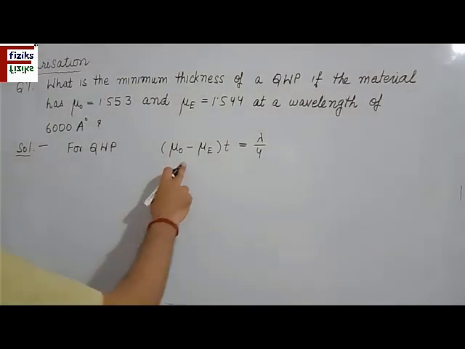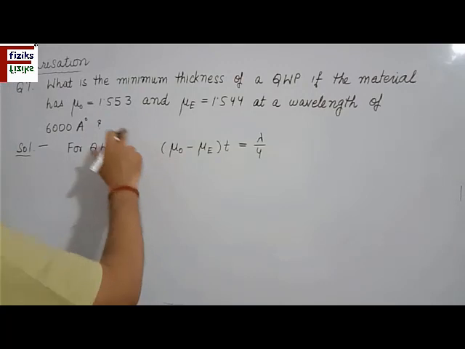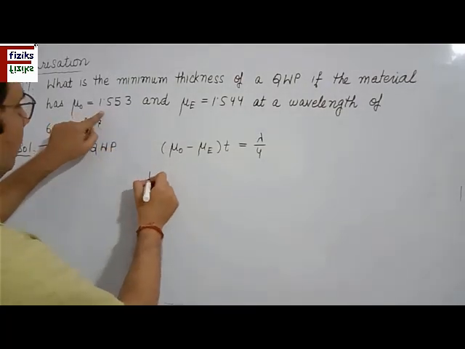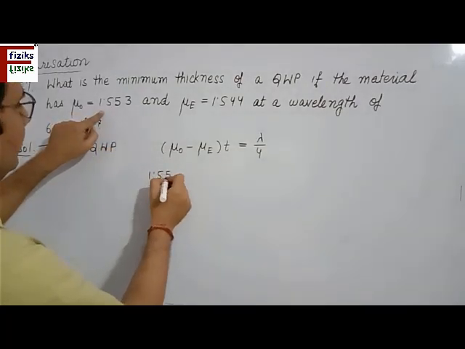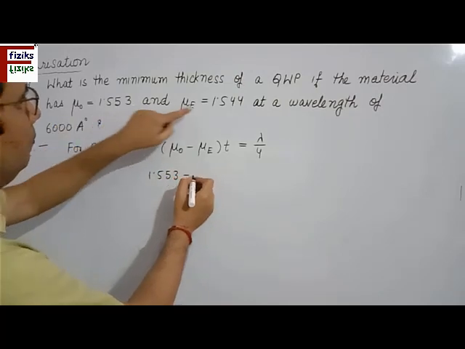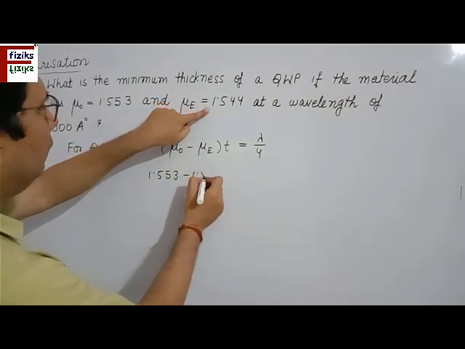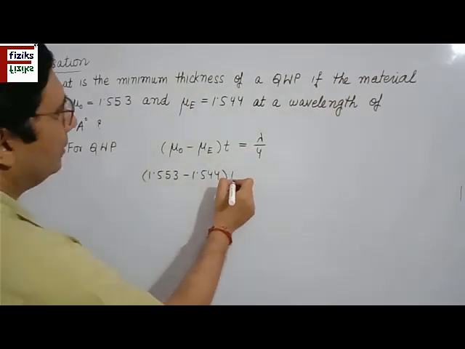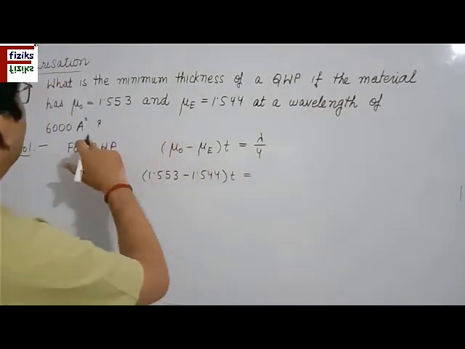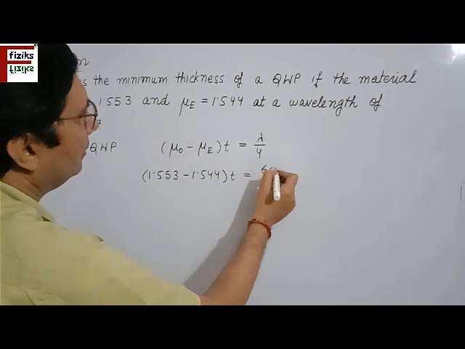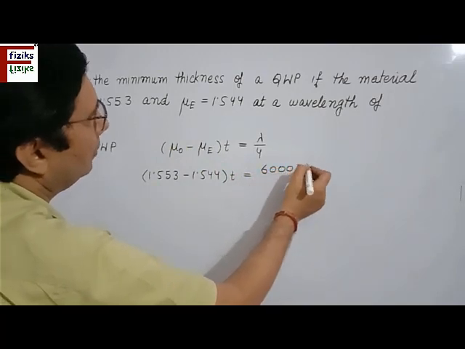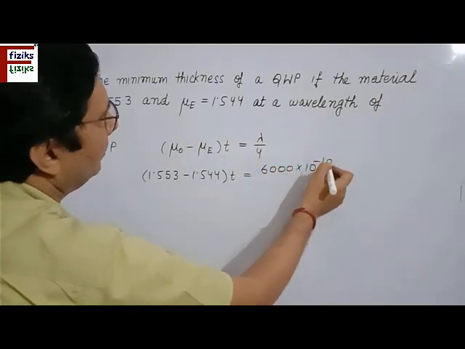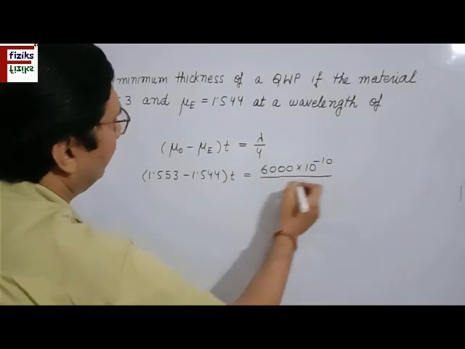So substitute the value of mu O and mu E. Mu O is here 1.553 minus mu E is 1.544, and T we have to calculate, and here lambda is equal to 6000, so this is 6000 into 10 to the power minus 10 meter divided by 4.